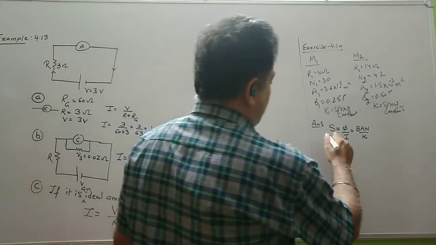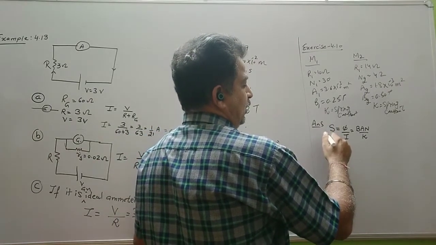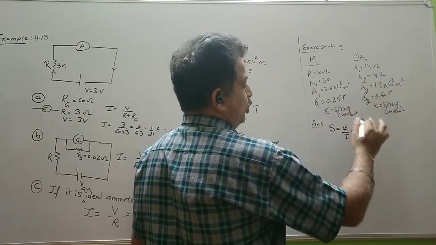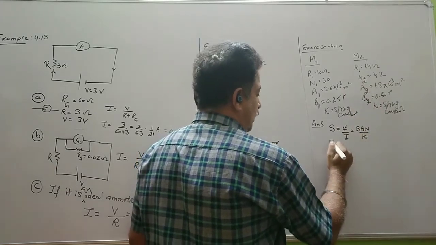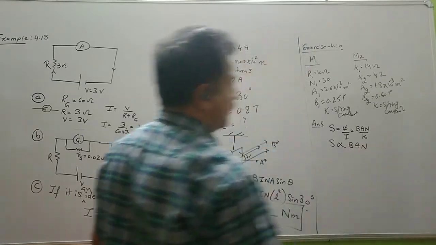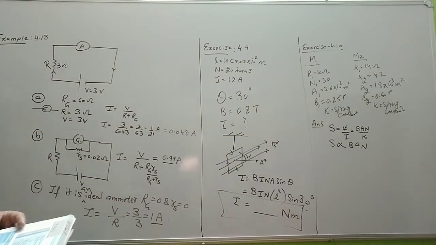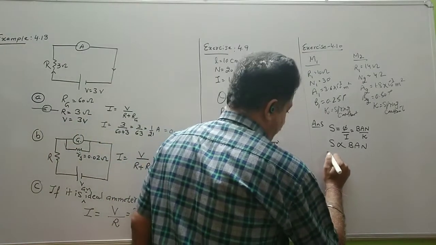Now we find that this current sensitivity is directly proportional to BAN because K is constant. So we write S is proportional to BAN. Now everything is given to us, and we have to find the ratio of this sensitivity.